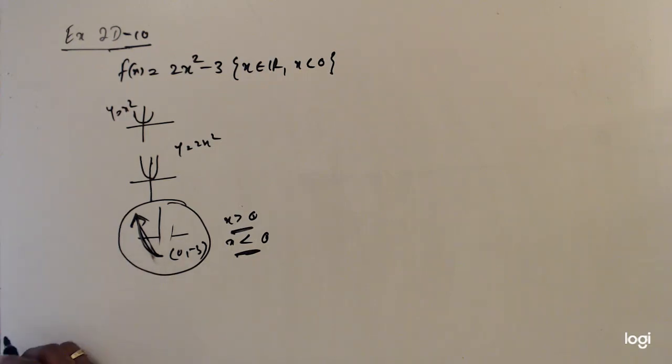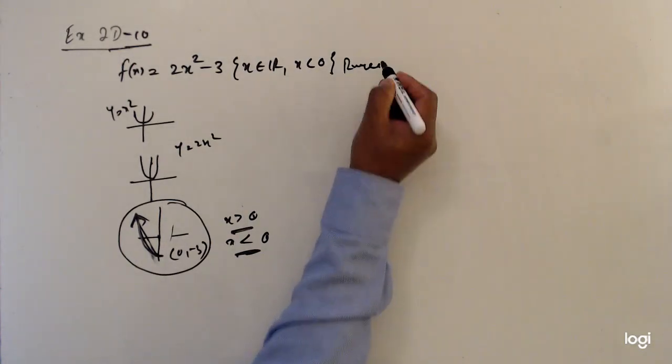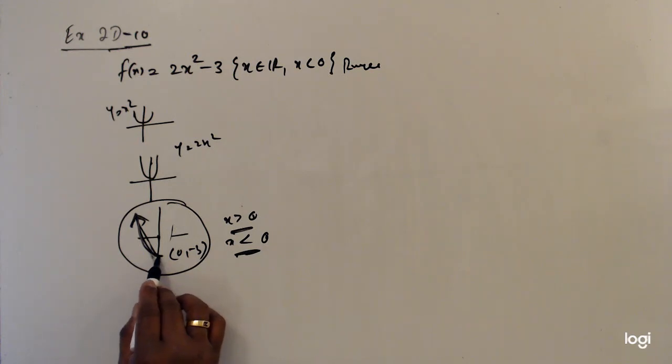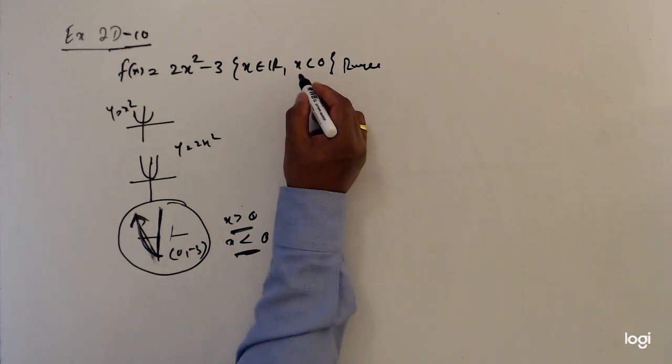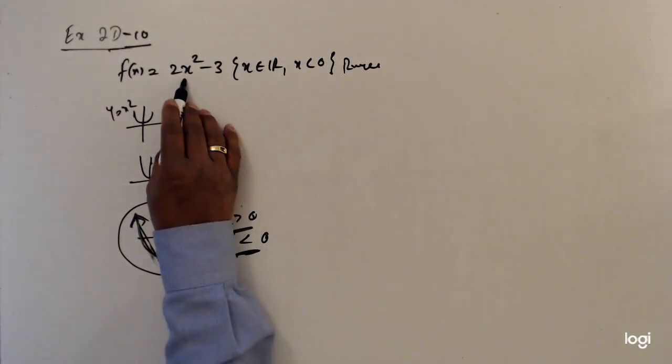Now this is 1 to 1, so what is the range of this one? The range is greater than minus 3. When x equals 0, this value is minus 3.